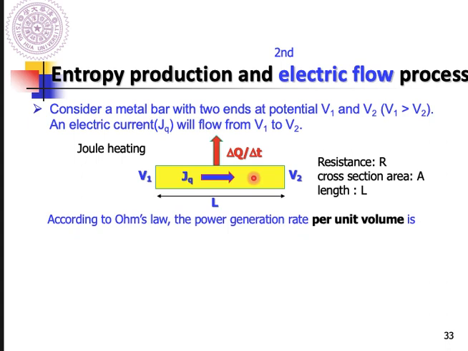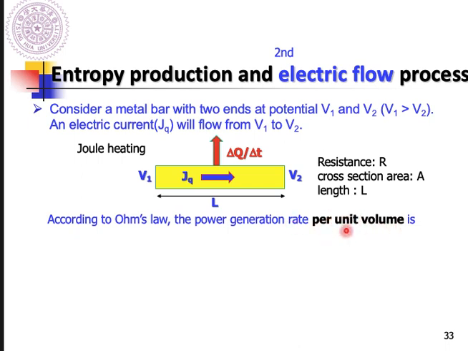Okay, so based on this, there's a power or heat generated from this phenomenon, and we are going to write down, based on Ohm's law, the power generation rate per unit volume.